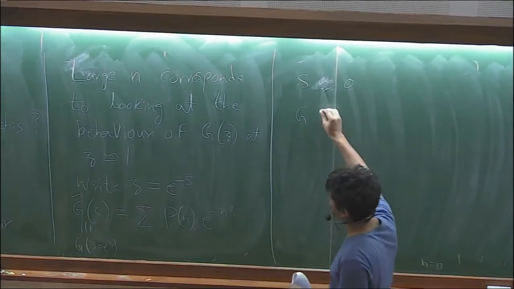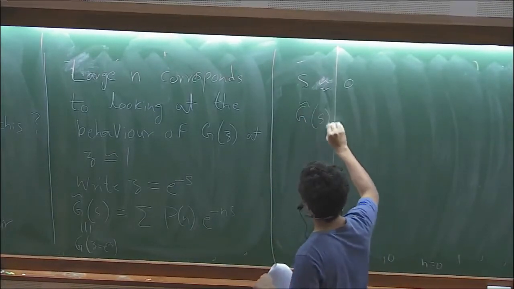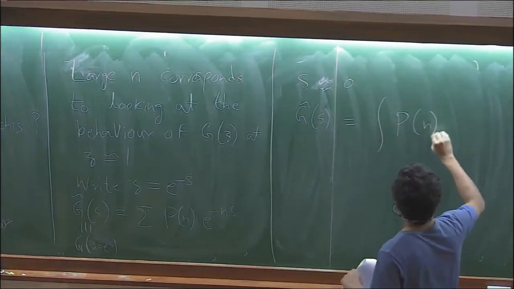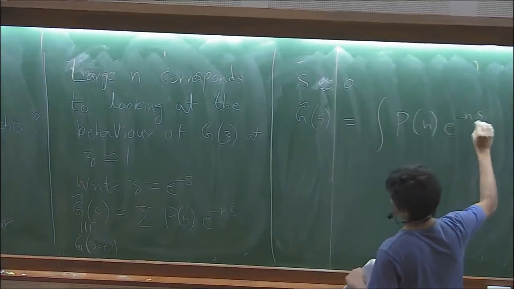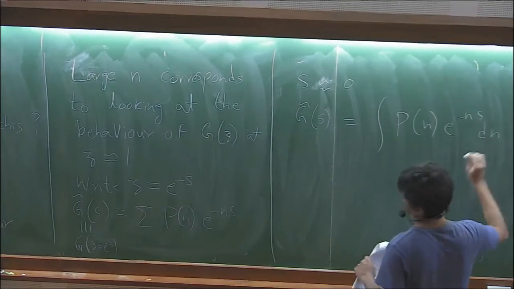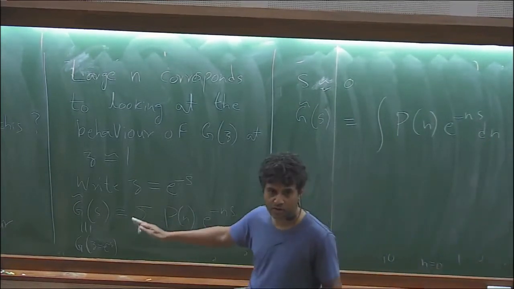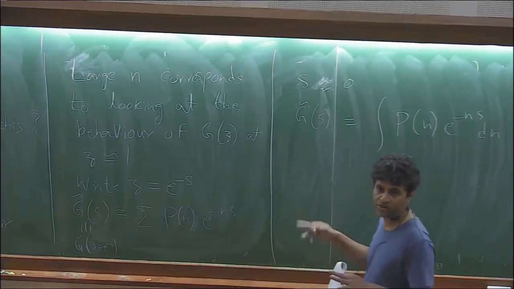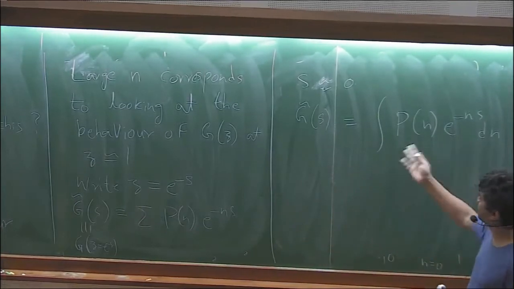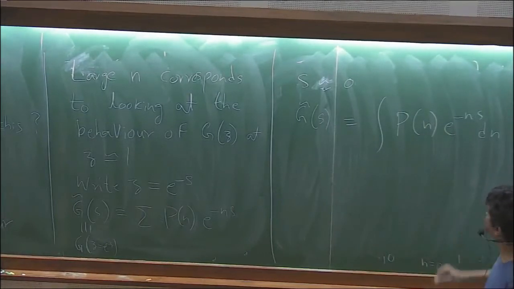So in that case, you can write g tilde s is equal to the integral of p of n e to the power minus n s. Okay, n is 1, 2, 3, 4, but if n is large, you don't care, you can call dn equal to 1. So this is the same.